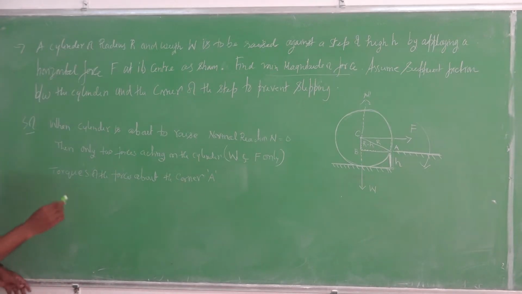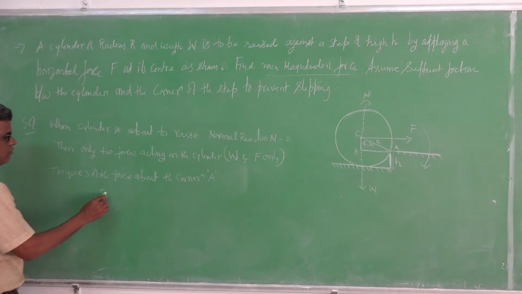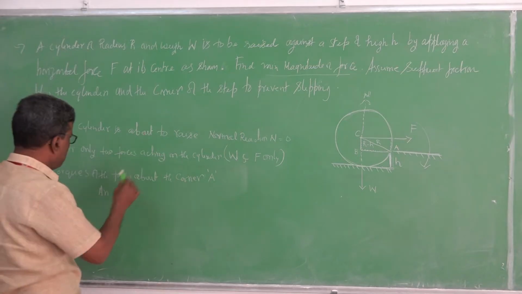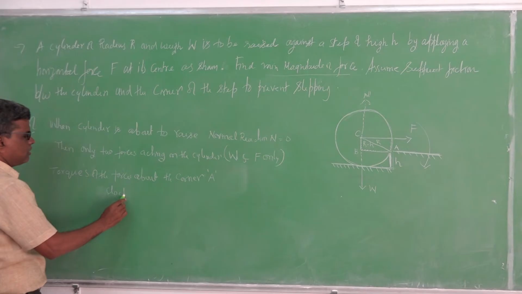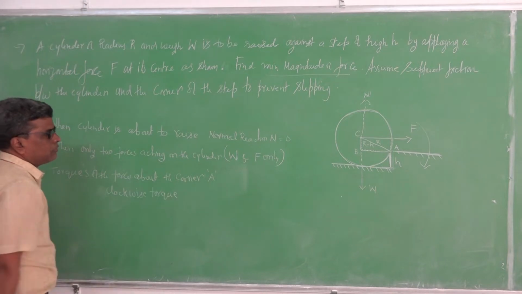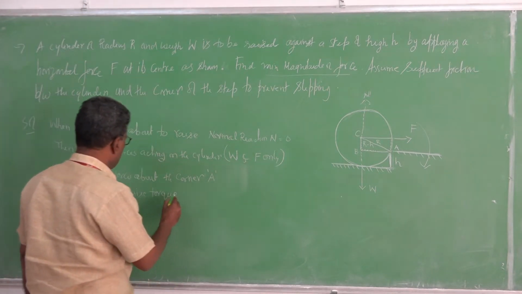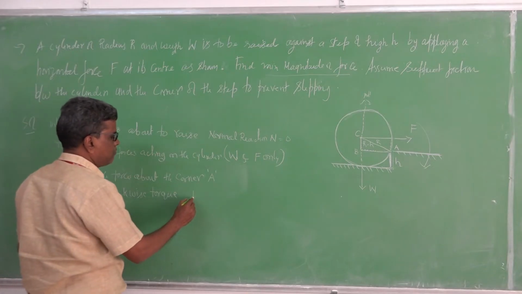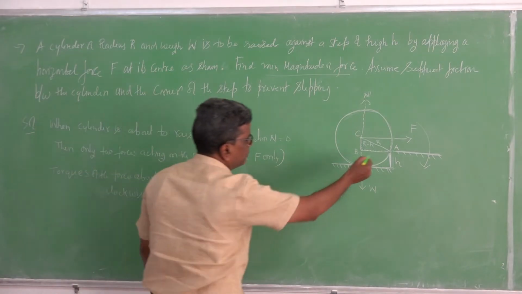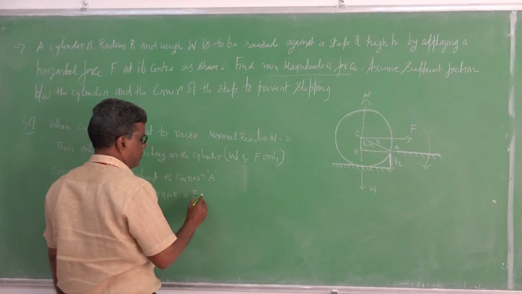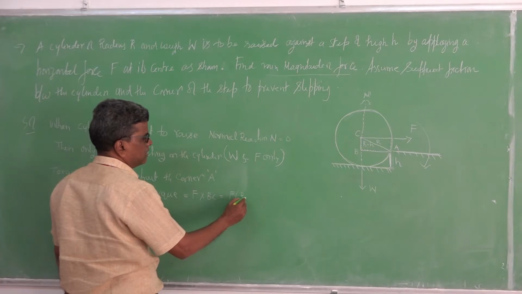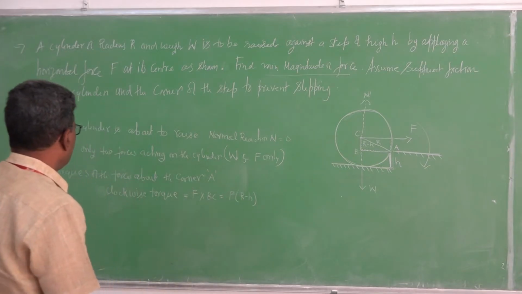I will write the clockwise and anticlockwise torques separately. The clockwise torque about the corner is F times the perpendicular distance BC, that is F into (r minus h).